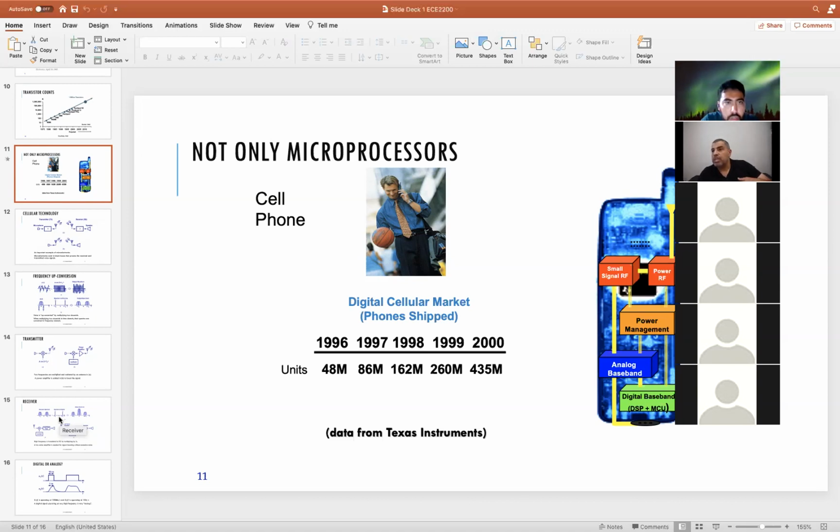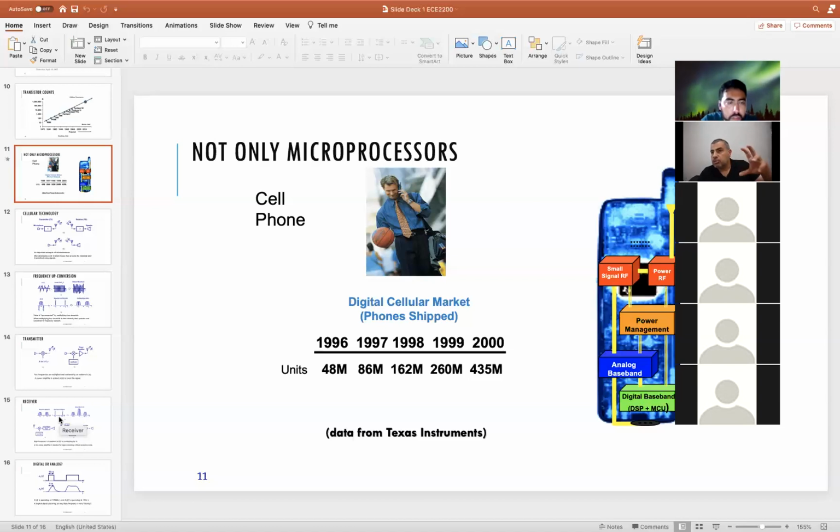It's all the stuff that communicates, controls the engine, controls the braking, etc. There's microelectronics everywhere you look, your cameras, etc.